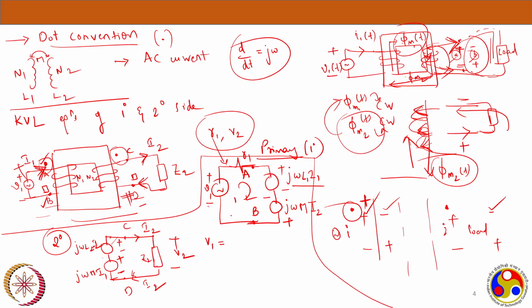This current is of course I1, and this current is of course I2. V1 is I1 R1, that is the first voltage drop, plus j omega L1 I1 minus j omega M I2. That is the KVL equation for the primary side.